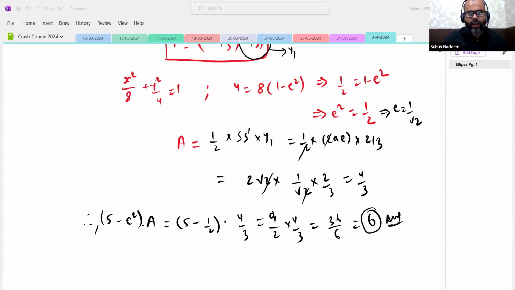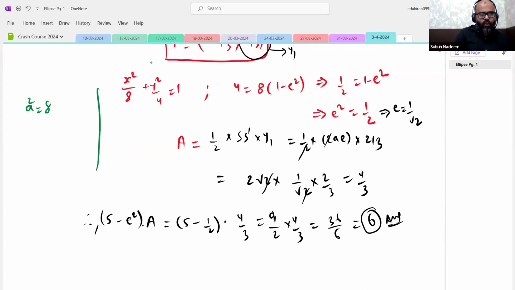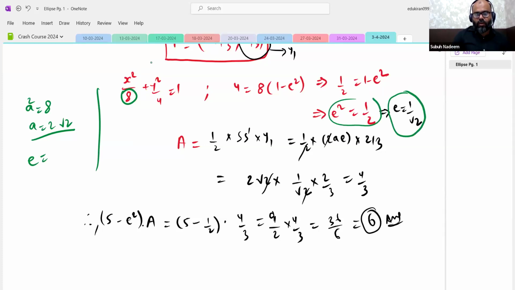They've been asking how did we get 2AE? Yeah, Levin. A is equal to 2 root 2, because if you see here, A square is equal to 8. So A is 2 root 2, E is equal to, as we got it here, 1 by root 2.